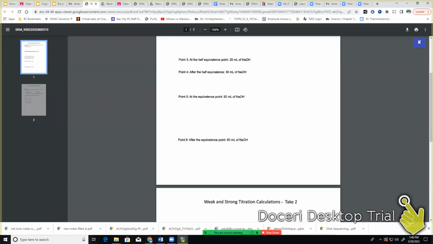All right, point number 4. After the half equivalence point, so now we have added 30 milliliters of sodium hydroxide. So if I do 30 times 0.1, now I've added 3 millimoles of my hydroxide. So once again, at this point, our acid, our hydronium ion, and our hydroxide ions are not equal.